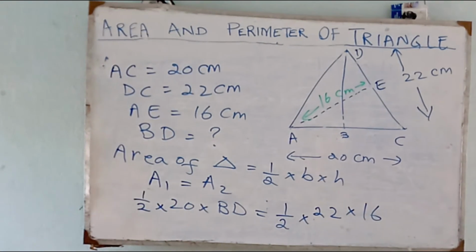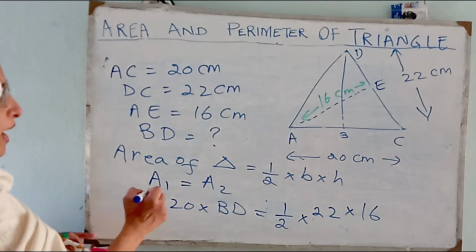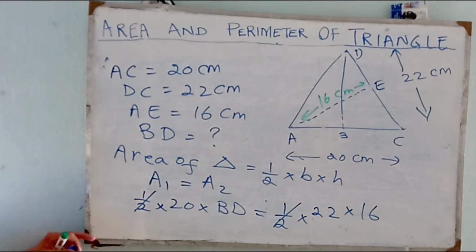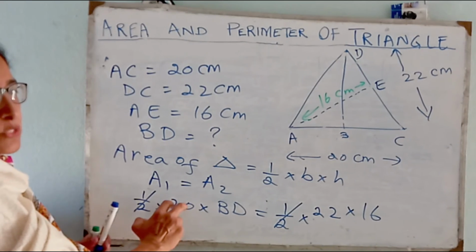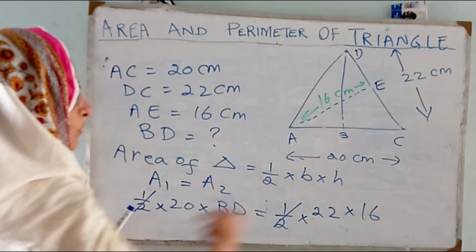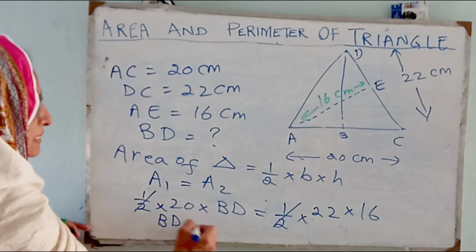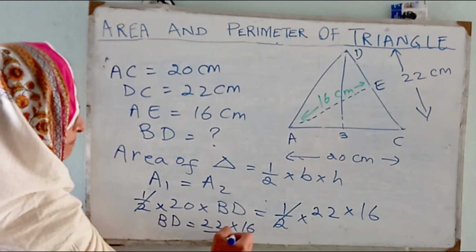You can simplify it here also, you can simplify it after shifting also. Half and half is common on both sides, so this and this will be cancelled. Now we want to know BD, and this 20 is multiplying here, so it will go to the other side and divide. So BD is equal to 22 multiplied by 16 over 20.